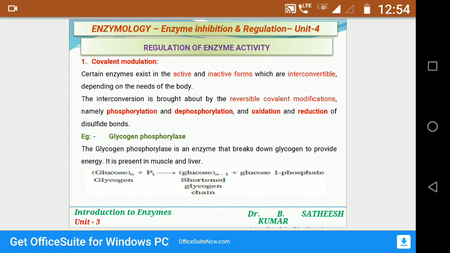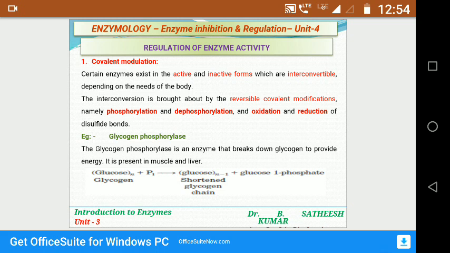So if a phosphate group is attached to the enzyme, then the state of the enzyme will get changed. If it is dephosphorylated, again it's changed back to the original state. So that is called covalent modification.